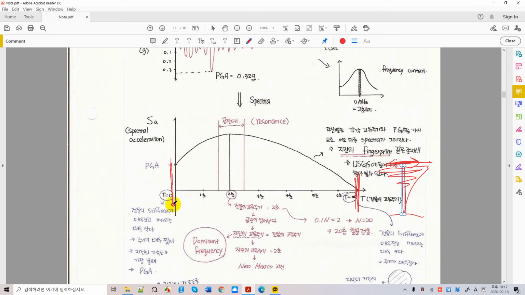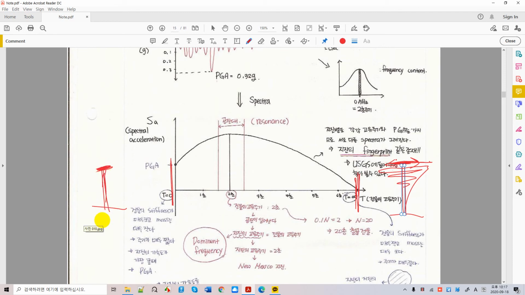Whereas when T equals 0, your building is moving very fast, back and forth, east and west and north and south. It takes almost no time, which means your building is very stiff, right?